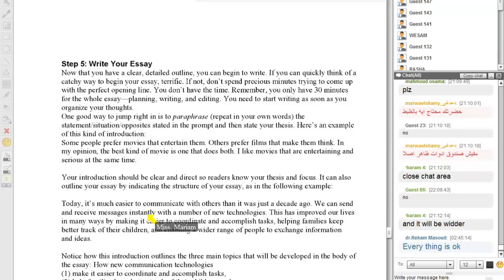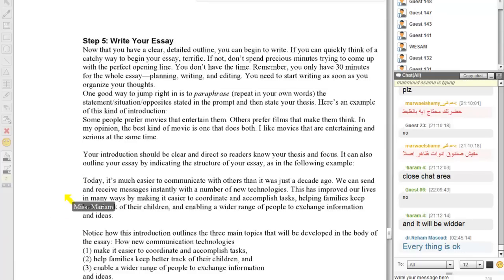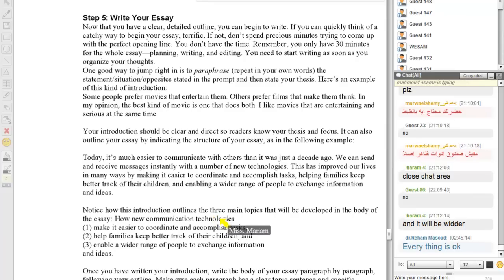We can send and receive messages instantly with a number of devices. These are examples.